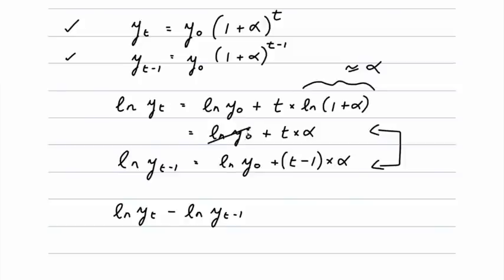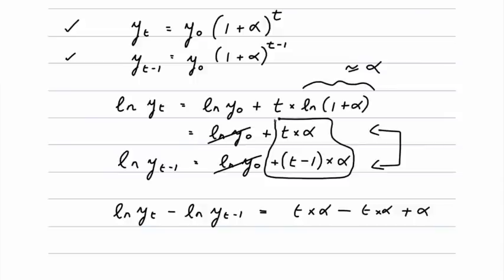When I do that, the initial values drop out, and I'm going to be left with T times alpha minus T times alpha plus alpha. All I've done is taken those two expressions and subtracted the bottom one from the top one. That gives me alpha. So what is this telling me?